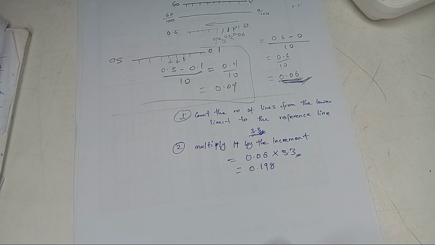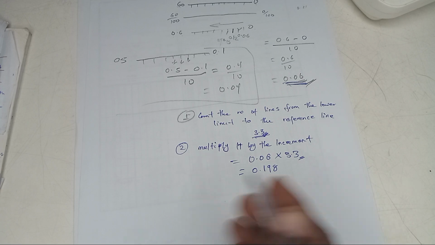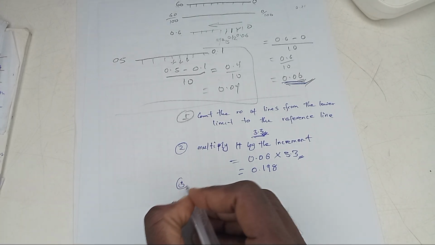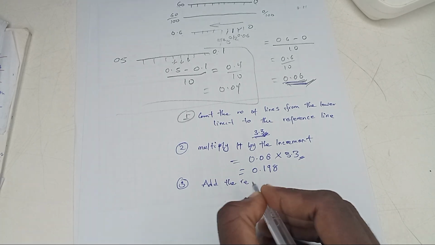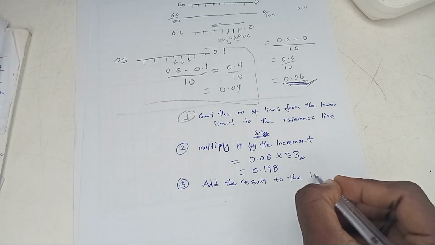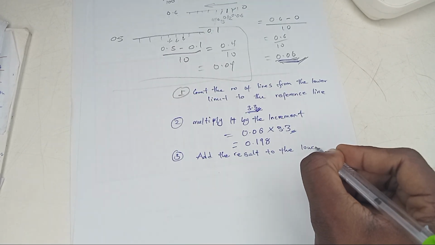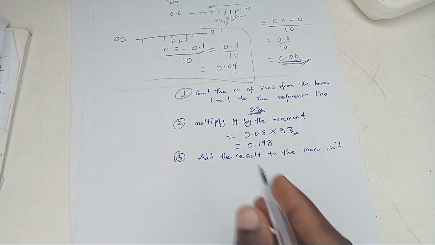The third step is to add the result to the lower limit. What is my lower limit in my scale?